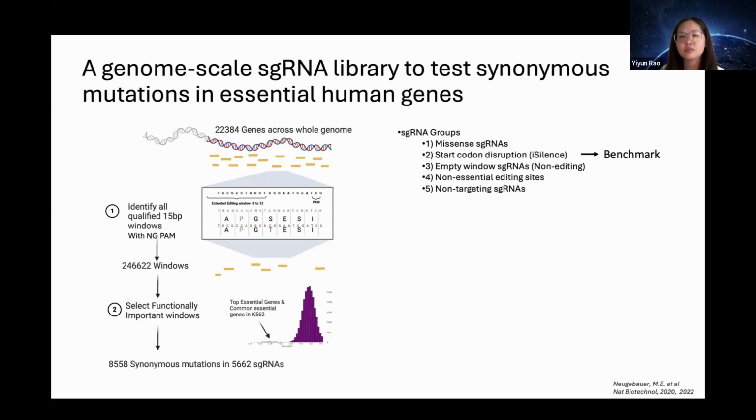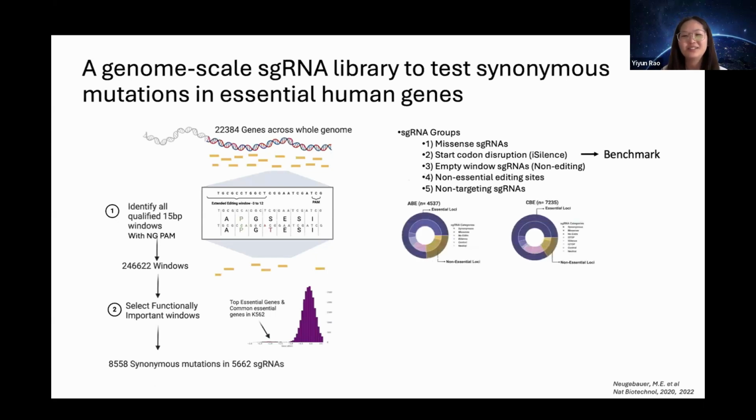They are usually used as a benchmark in this kind of base editor screen for examining editing efficiency. And we have negative controls, which are empty window sgRNAs, those that do not make any edits in the same essential genes. And we have sgRNAs that target non-essential loci and sgRNAs that do not target anywhere in the genome at all.